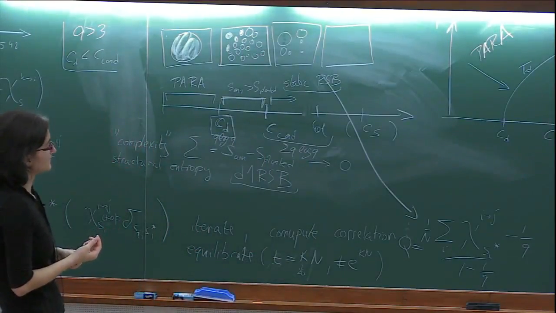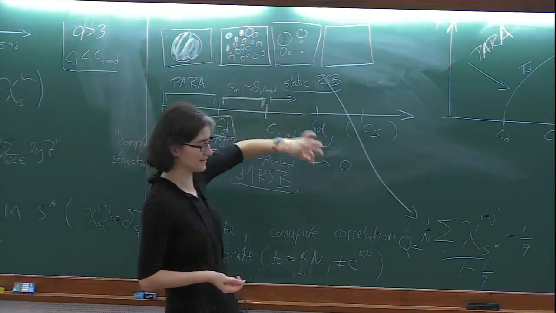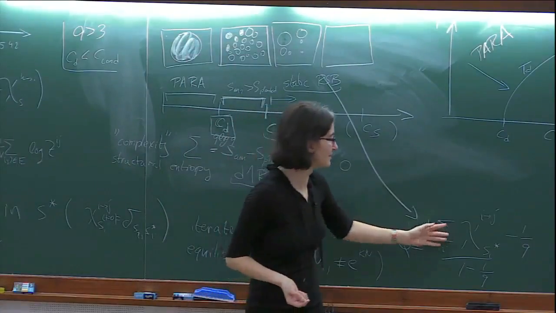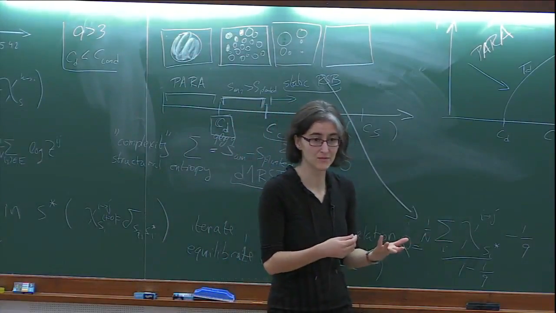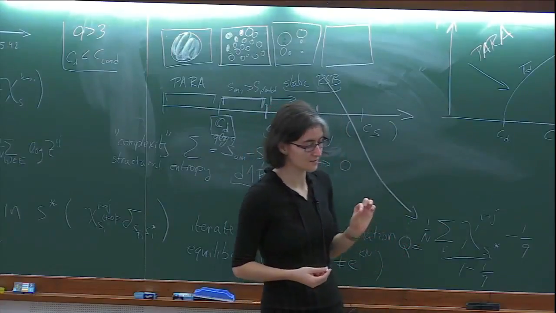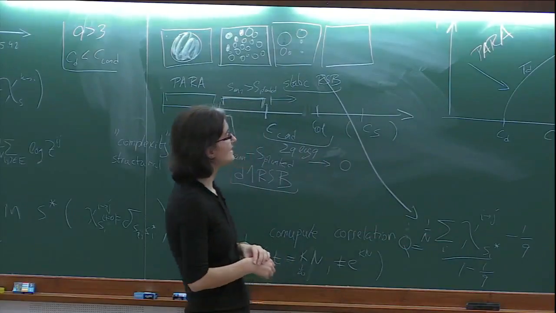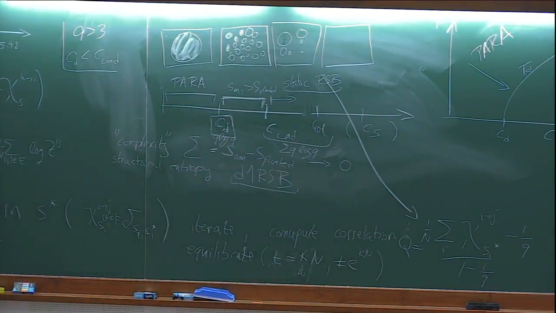Once you find a solution, you have a way to check. You just run belief propagation from it, and you see the fixed point that you reach from it. So you have a way to see if a configuration is in a frozen cluster or not. And it just so happens that all these algorithms that work really well up to almost the colorability threshold always find solutions that are not frozen.